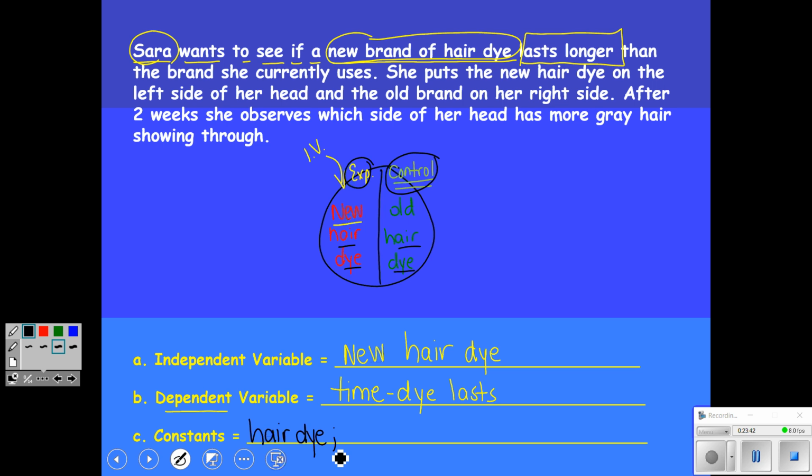All right. The other, if you look up there, and you can speculate what else she should keep the same, but we're looking at the same person's head. So the head's the same, and therefore the hair, the type of hair and color of hair is the same. So type and color of hair. And then you have the same amount of time that the dye is on the hair.